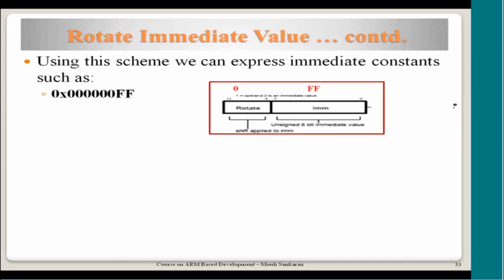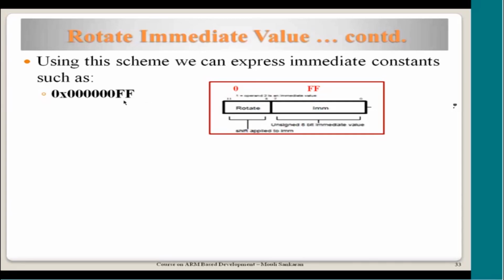So what the barrel shifter does, it takes this FF internally, zero-extends this value to a 32-bit value and then doesn't do any rotation. So effectively you have a 32-bit value getting as an operand to the ALU, and if it is a move instruction, it will just be passed on to Rd and then it will move into the register R0, what I mentioned to you.